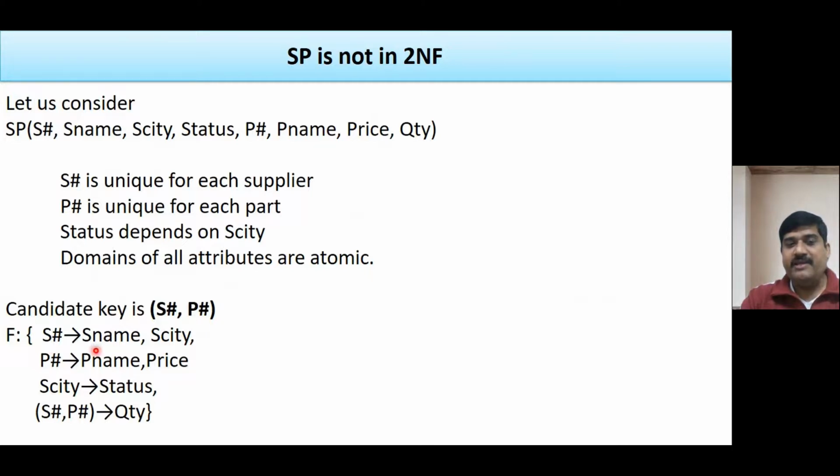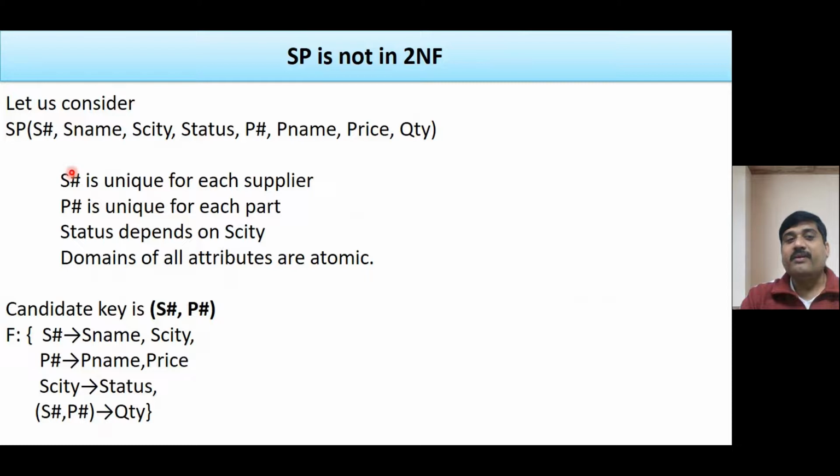So S number determines S name, S city is an example of partial functional dependency. And P number determines P name, price, and P name and price both are non-key attributes, and these attributes are dependent on part of the candidate key, and this is not allowed in the second normal form. So you can say that SP is not in the second normal form.